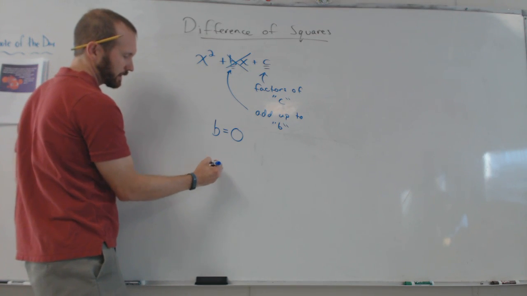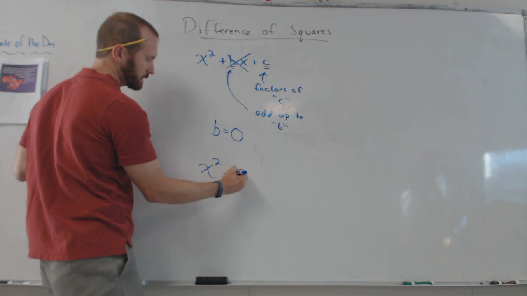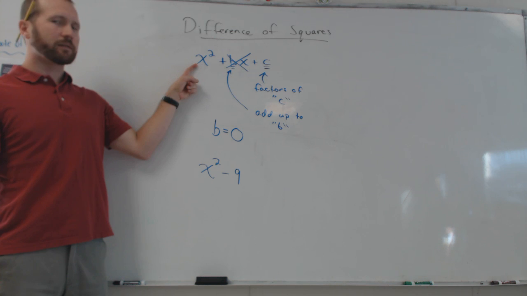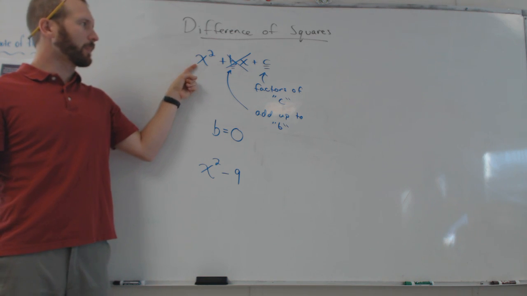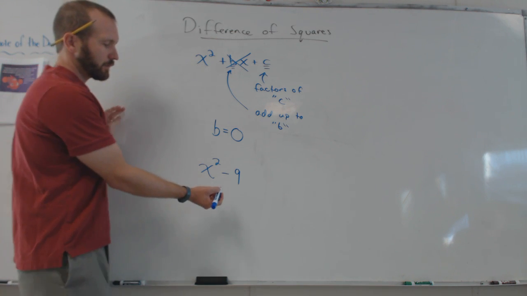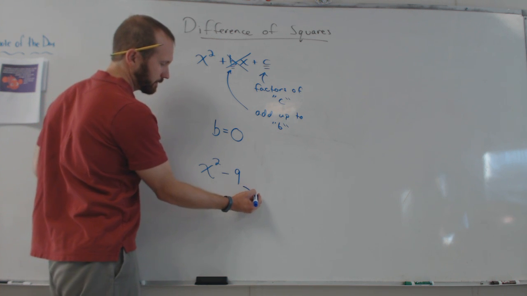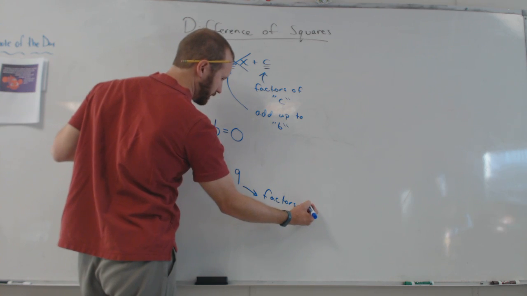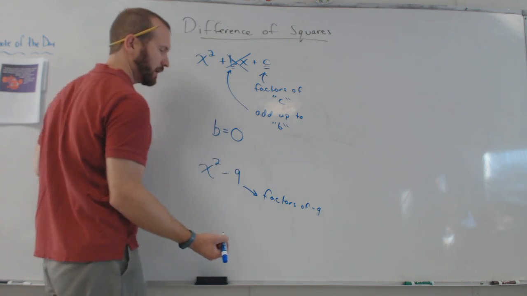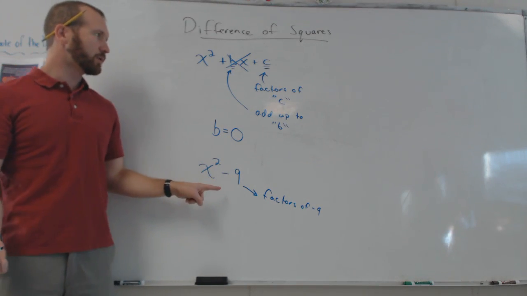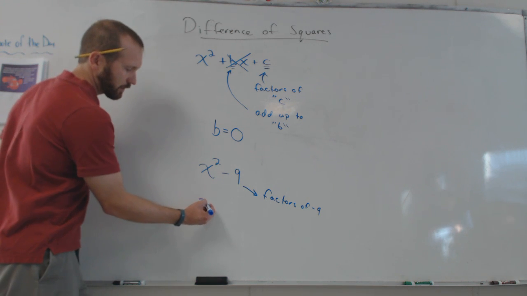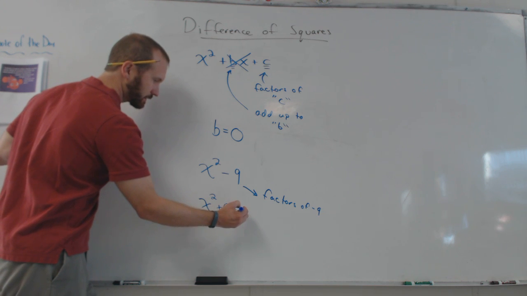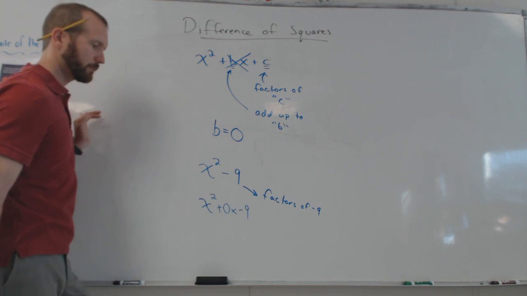If I have something like x squared minus 9, this is factorable. And what I'm going to do is look for factors of negative 9 that add up to 0, because I could rewrite this as x squared plus 0x minus 9.